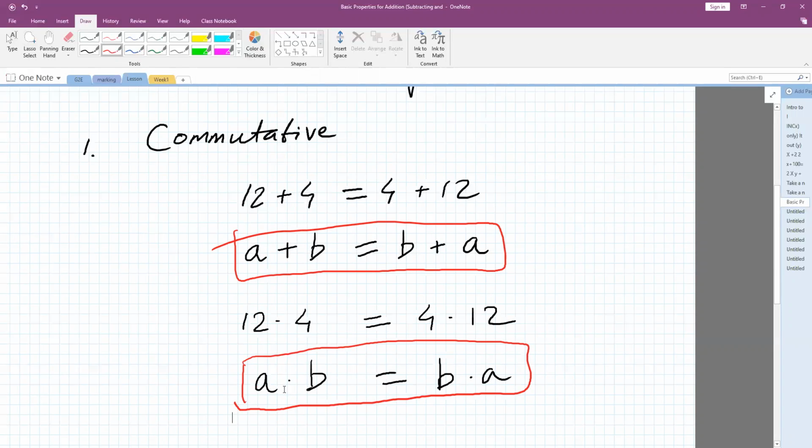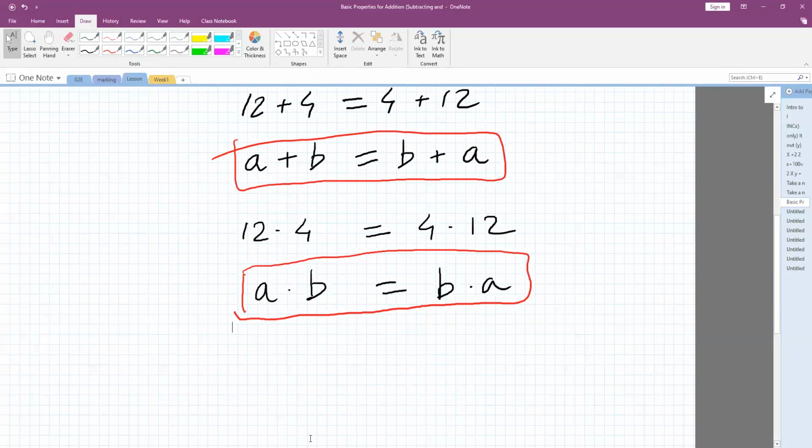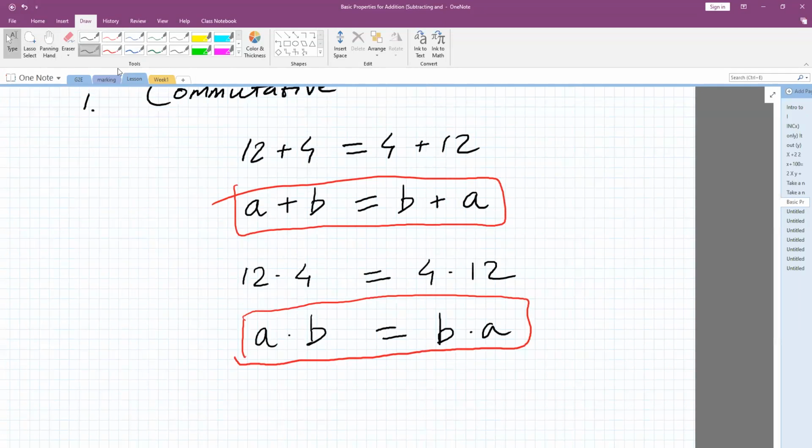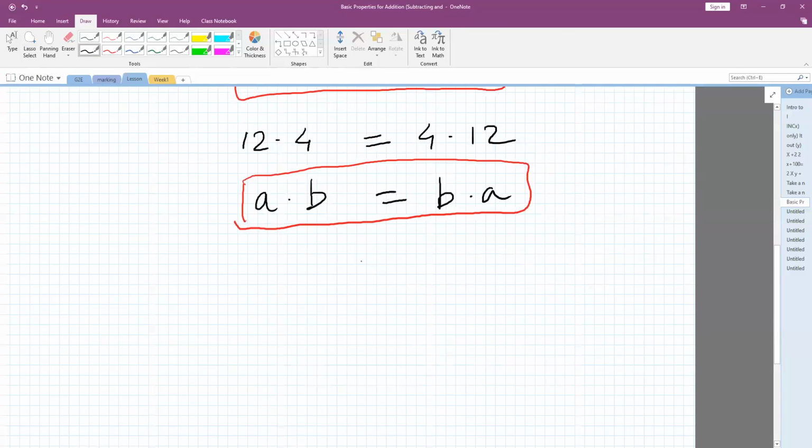But what about if you have subtraction? For example, does 12 minus 4 equal 4 minus 12? No. The answer is 8, 12 minus 4 is 8.